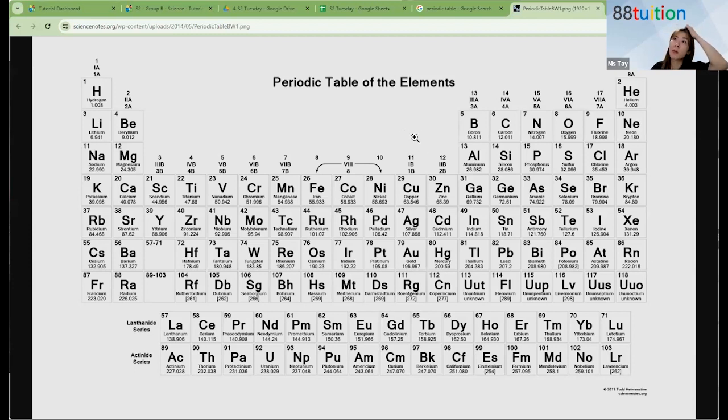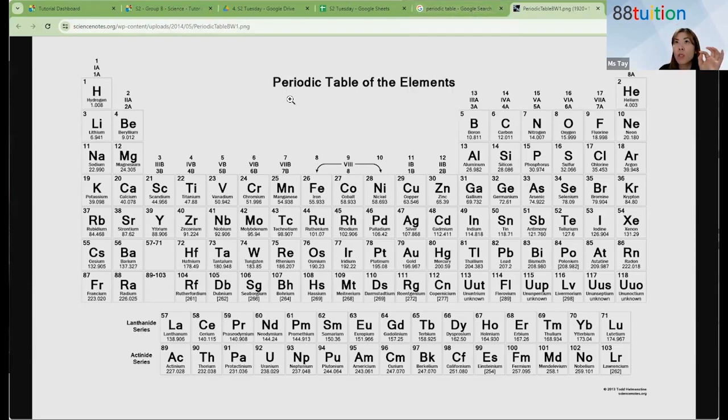Now, can you see the periodic table? Yep. So if we go by the period, we are going from left to right. These are the horizontal rows. Then if you are going by the groups, we are looking at the vertical columns. The first one over here, we call group 1. In fact, hydrogen is not put here. I should have chosen a better periodic table.